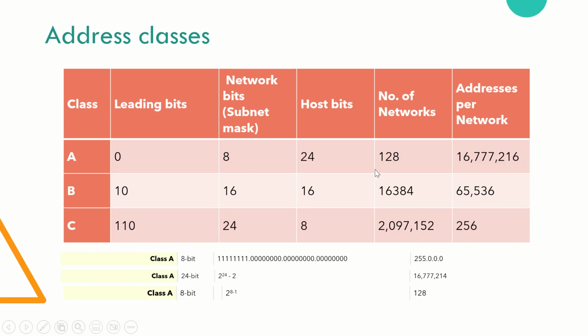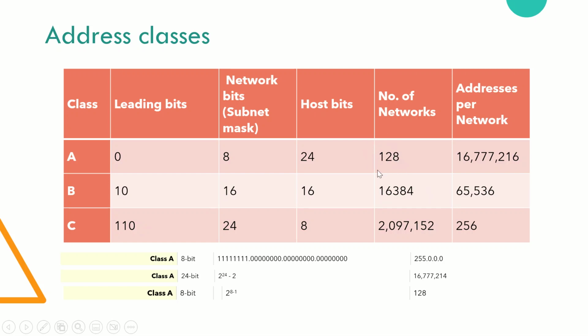And in this situation, you can see in class A, we have only 128 networks, but we have 16 million host IP addresses. How can we calculate 128?